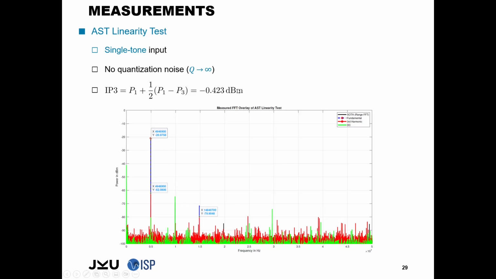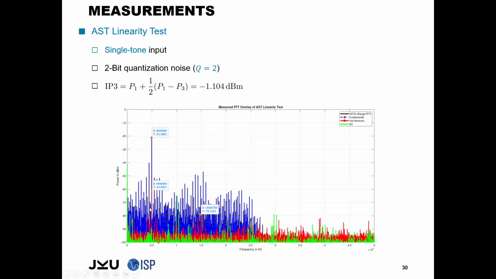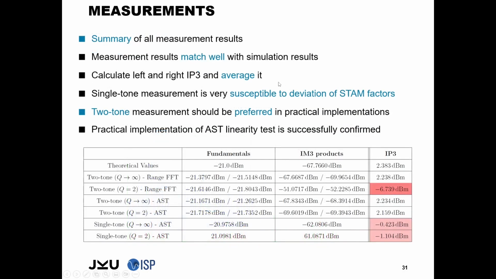And therefore the IP3 is a little bit wrong. But if we are applying a 2-bit quantization noise now, then the IM3 product is kind of the same. So the single tone input would also work, but is very, very susceptible to VCA imbalance or deviation. But in the end, the AST linearity test, the practical implementation, is successfully confirmed, obviously.